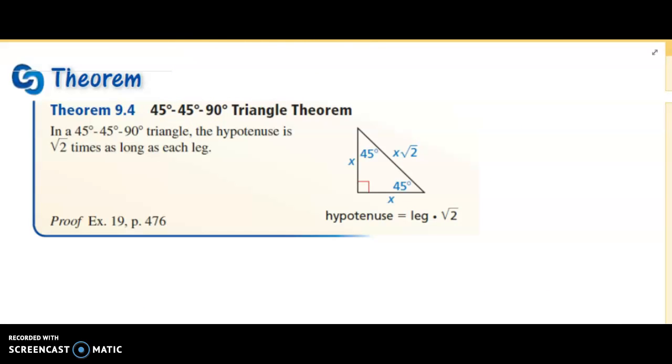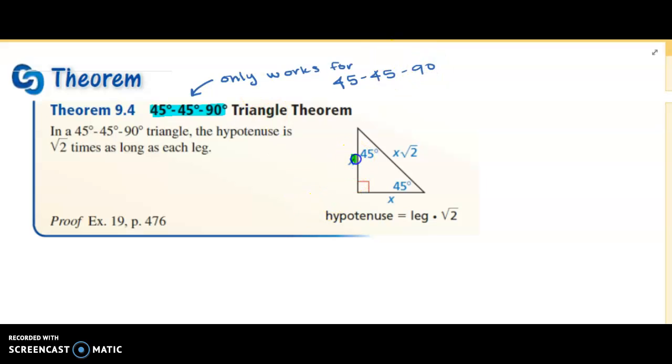And that brings us to the 45, 45, 90 triangle theorem. Okay, now I do want to note this only works for 45, 45, 90 triangles. It doesn't work for anything else.